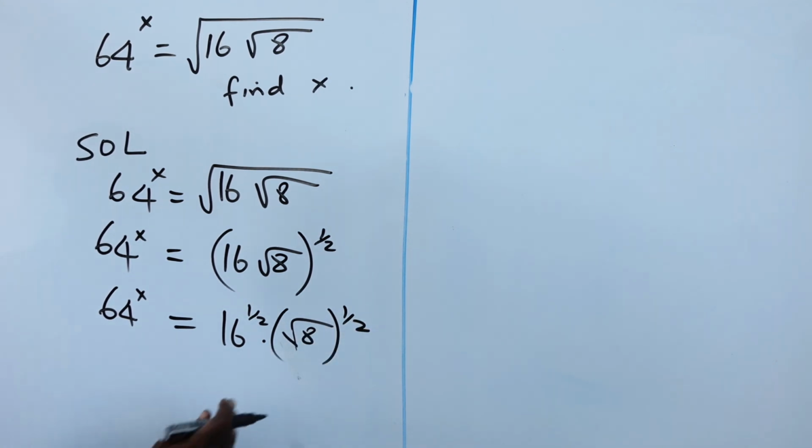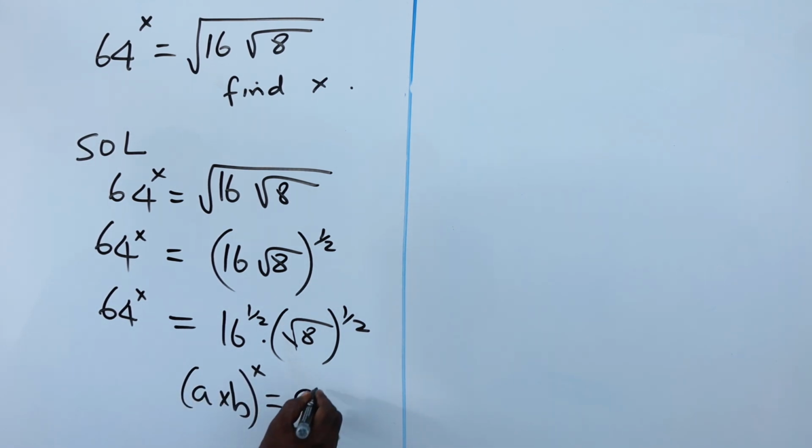This is from a law of indices that says a times b raised to power x is the same thing as a raised to power x times b raised to power x.